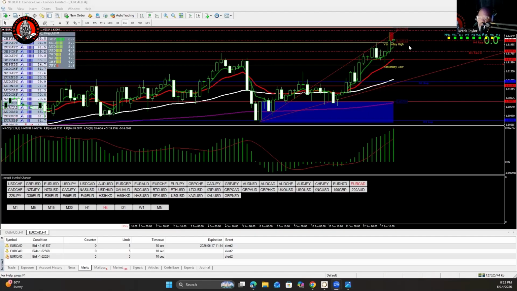So what are some elements of structure? Well, the supply box, this demand box, this line of resistance, consolidation, this line of support, price rejection areas.